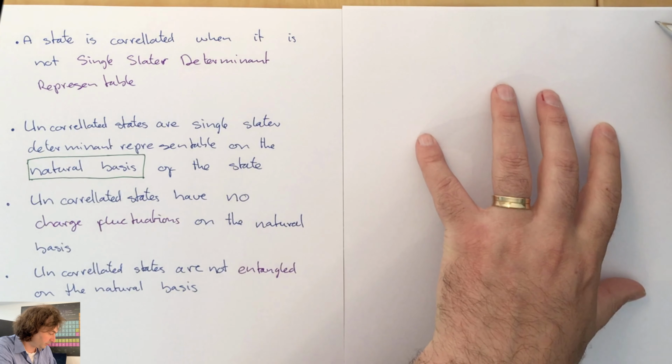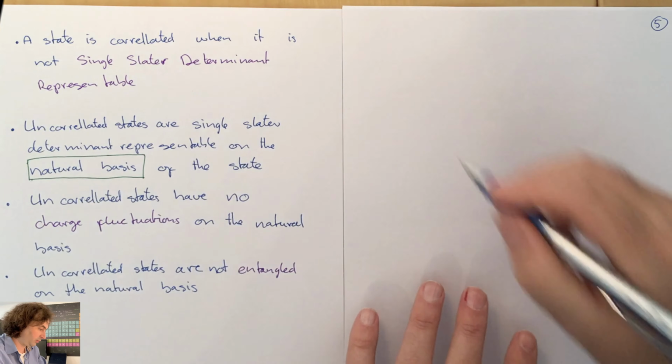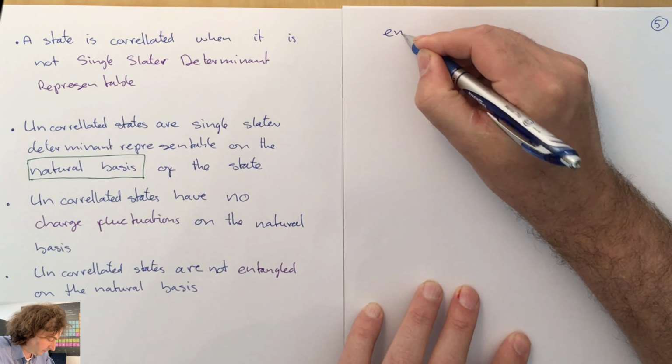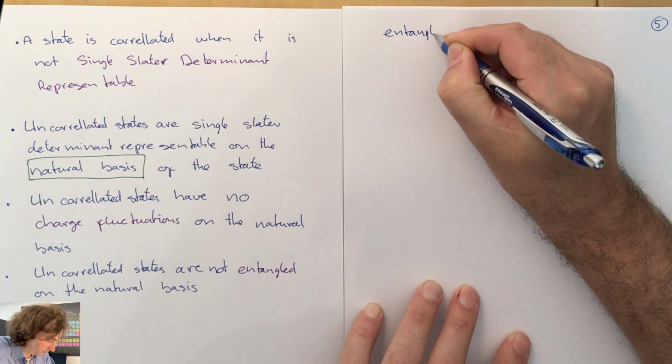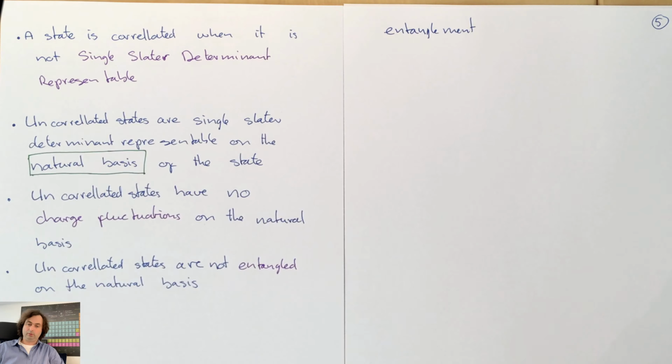Now with that we come to the next statement that we want to show, and that is to relate correlations to entanglement. When we talk about entangled states, we are thinking about having your many particle state and being able to separate it in two parts and see if each part can be described independently of the other part.